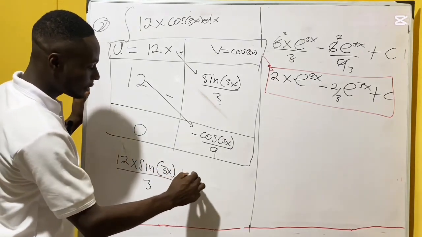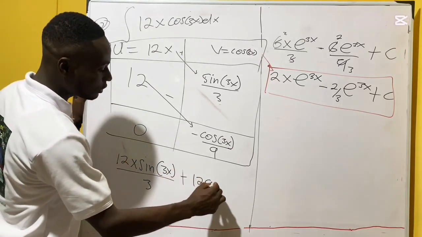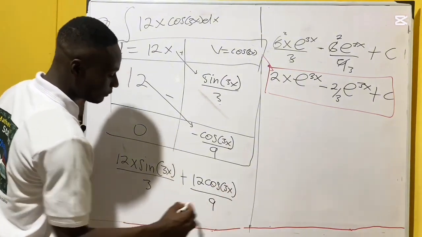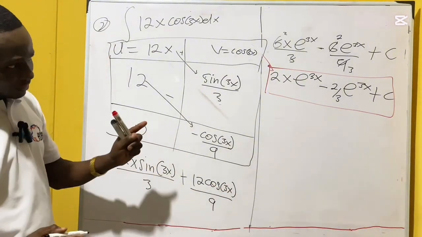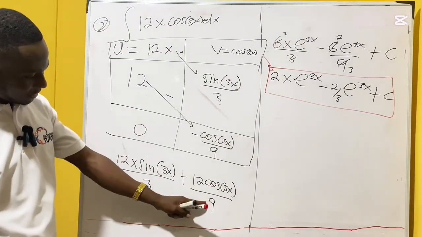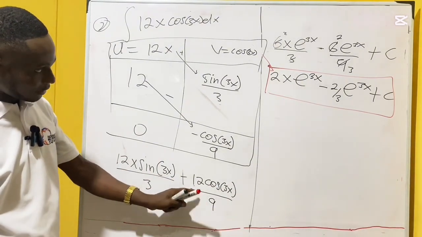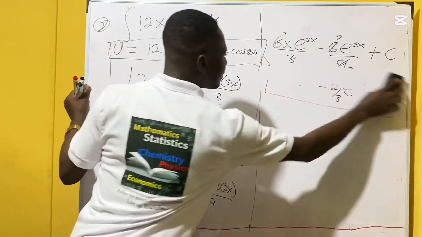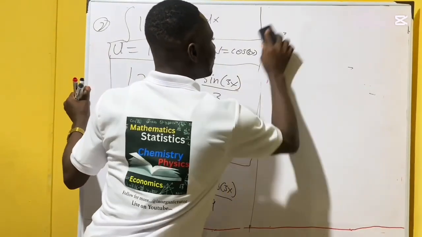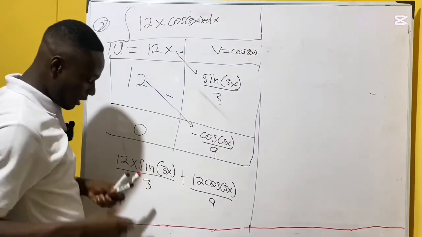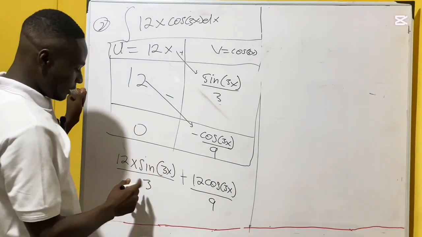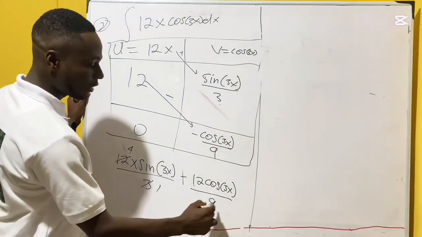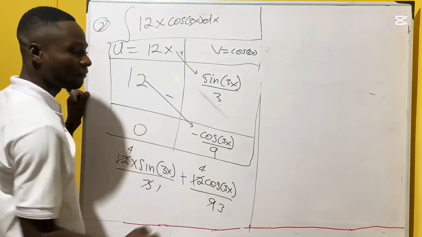So you have plus 12 cos 3x all on 9, right? Plus a constant of integration, but we can see that 3 can go here, 3 can go here 4. 3 can go here, and 3 can go here 4.